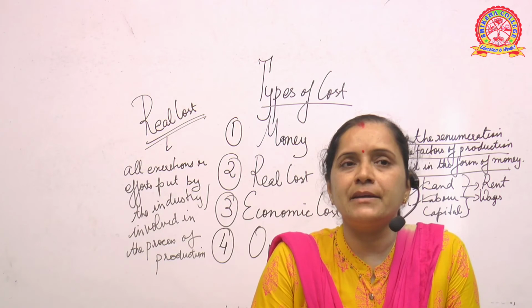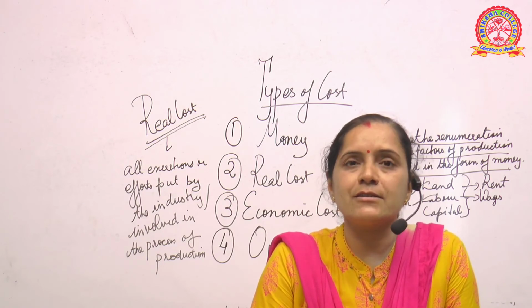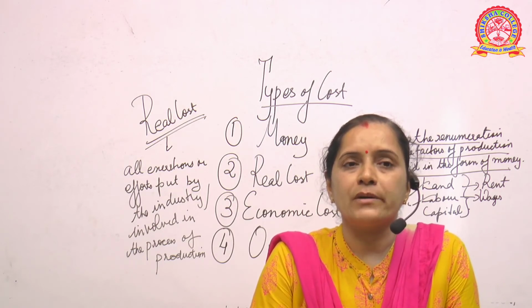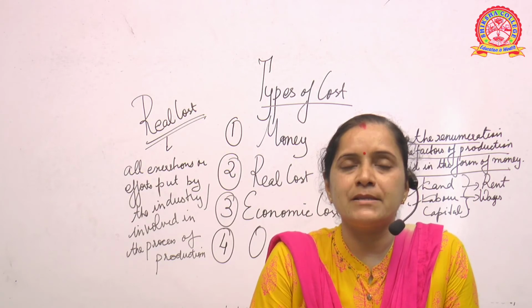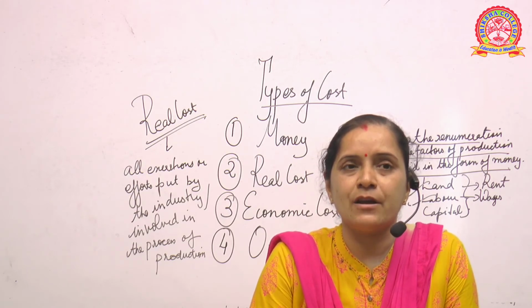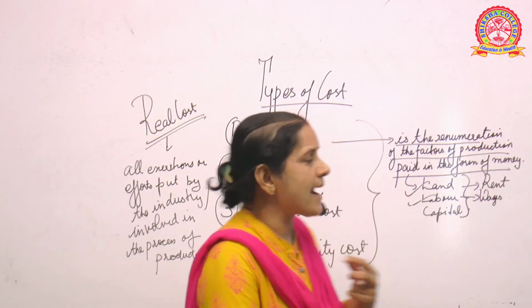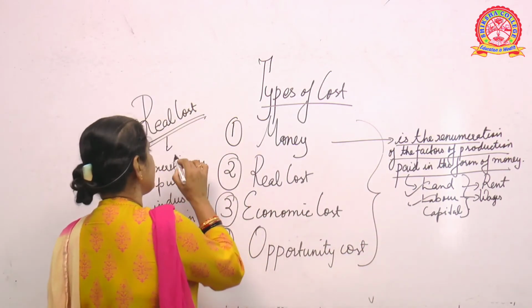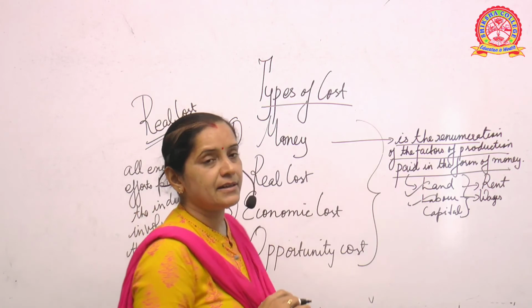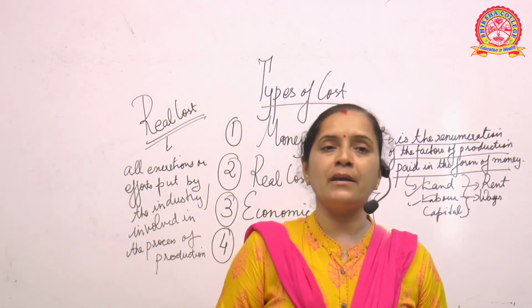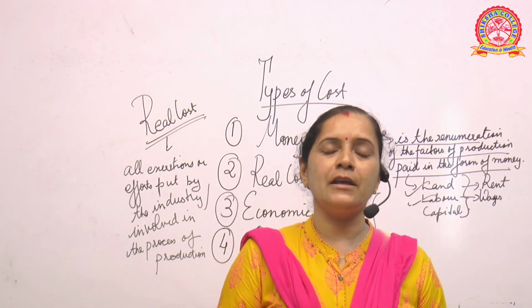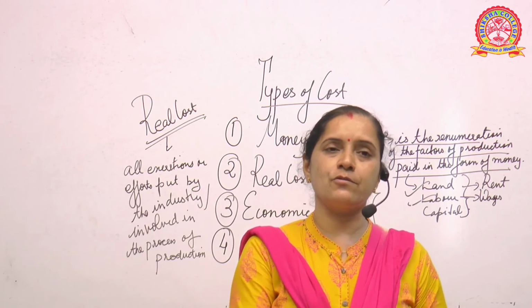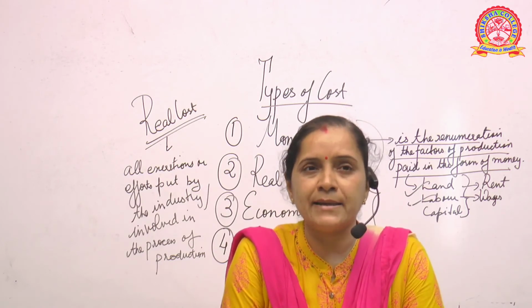So this can be termed as the real cost. Please remember cost means expenditure, so what is the exact expenditure or what is the exact kind of efforts the industry is putting in or involved in during the process of production to produce some goods or services. So that is our real cost.